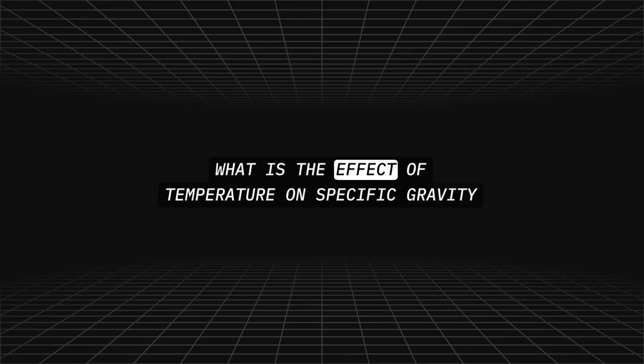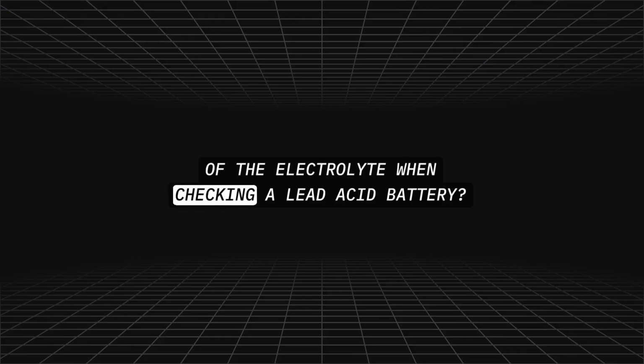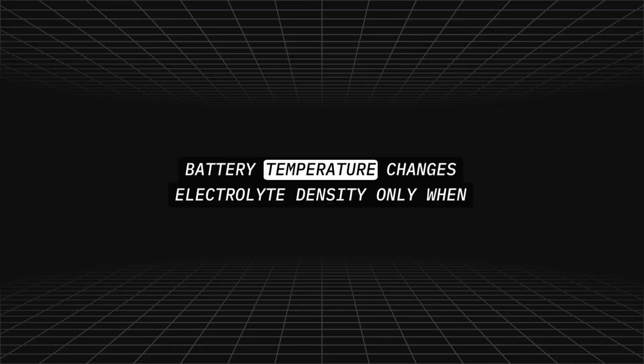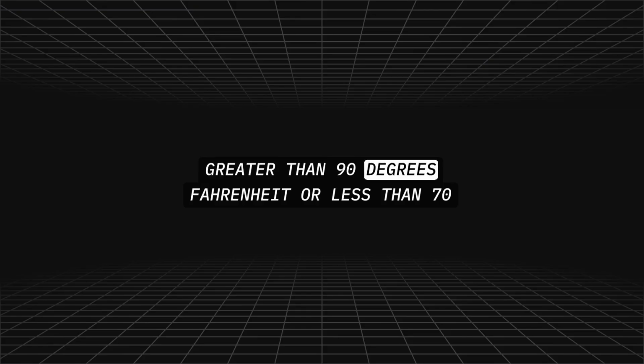What is the effect of temperature on specific gravity of the electrolyte when checking a lead-acid battery? Battery temperature changes electrolyte density only when greater than 90 degrees Fahrenheit or less than 70 degrees Fahrenheit.